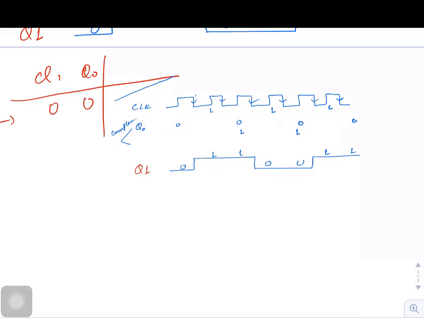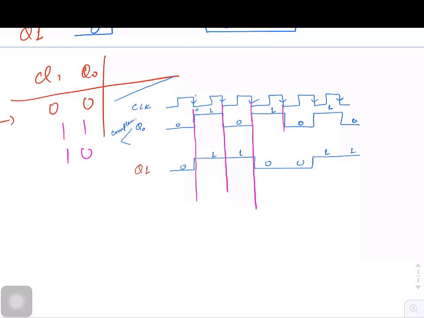Initially we are having 0 0, then we are having 1 1, after that we are having 1 0.